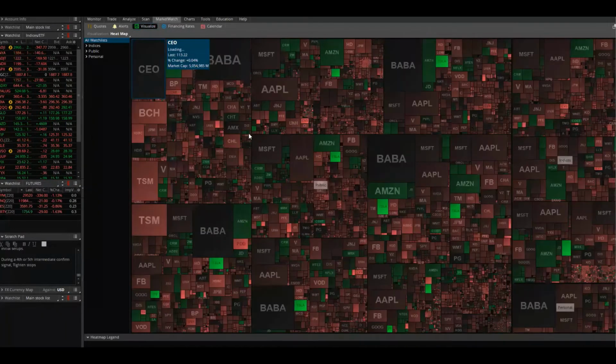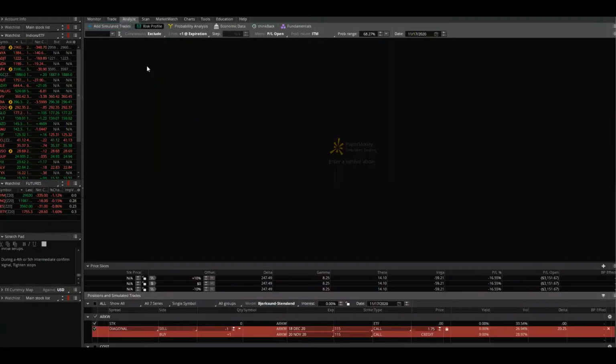This is the heat map, but you can see that on several websites. But it's kind of nice to have it on your platform. Analyze tab is something that we'll be using a lot. This is a more complex tool to help you figure out what your option trades will do.